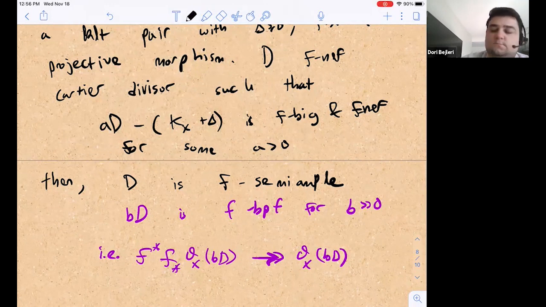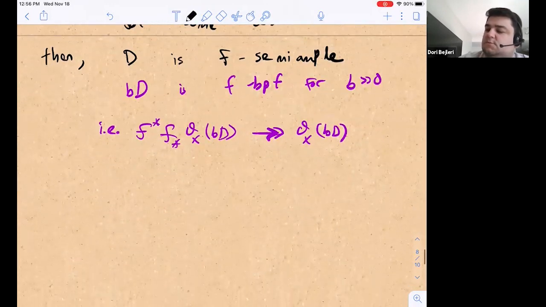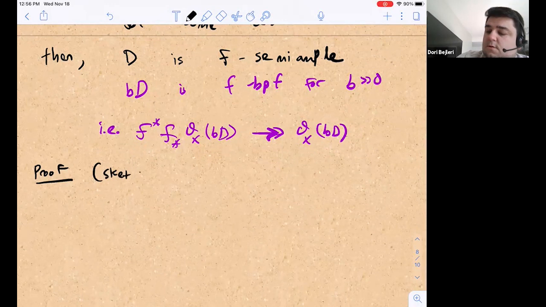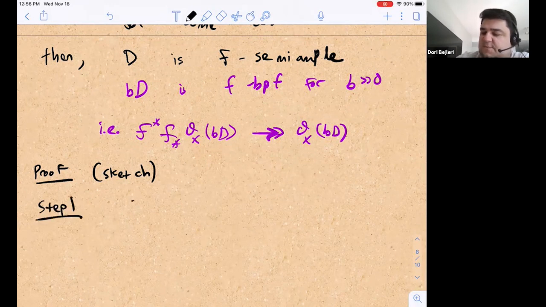So we'll sketch the proof. So the first ingredient is to compactify and resolve the situation.